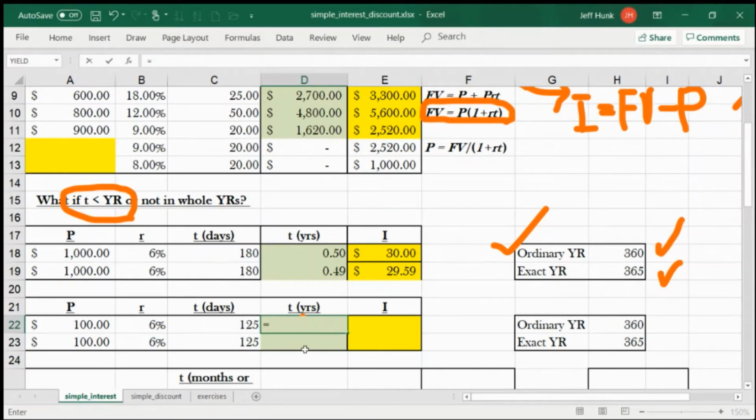What I'm saying is, when you're solving problems like this, some people do it like this. If you turn 125 days into years in ordinary interest year, they are doing this, right? This is called hard coding.